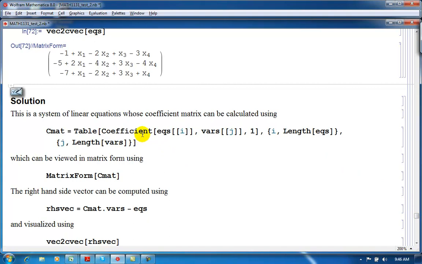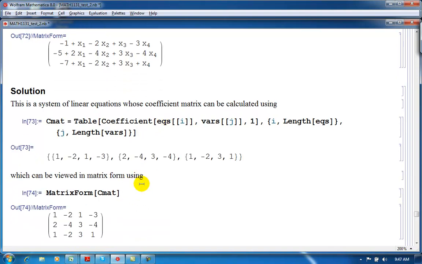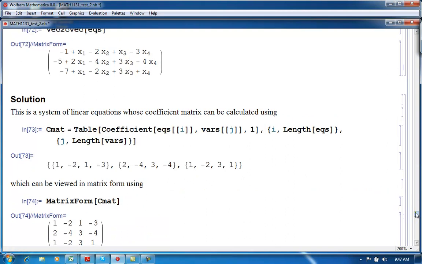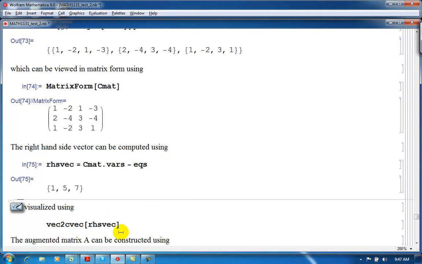But let's dig out the coefficient matrix using the usual method, and then we can generate the right-hand side vector by multiplying this coefficient matrix times the variables and subtracting off the equations, and that gives me that.